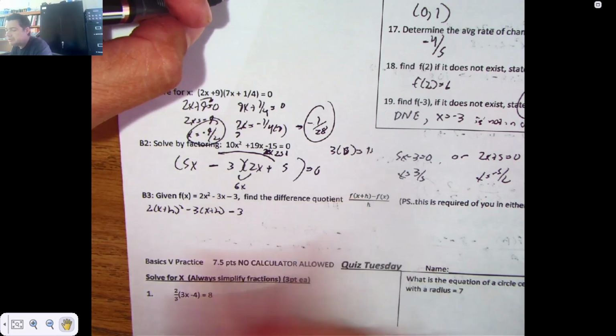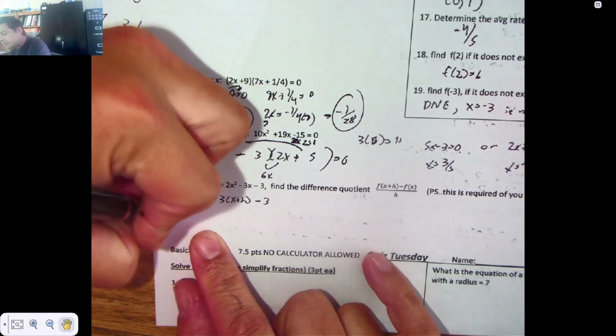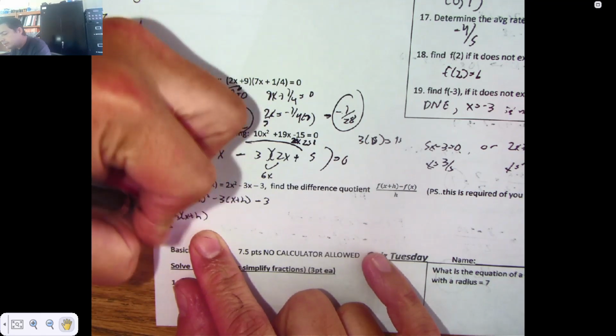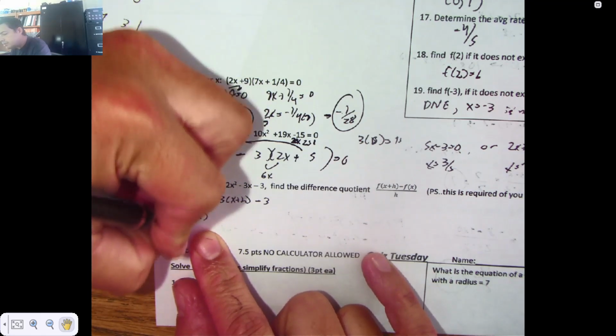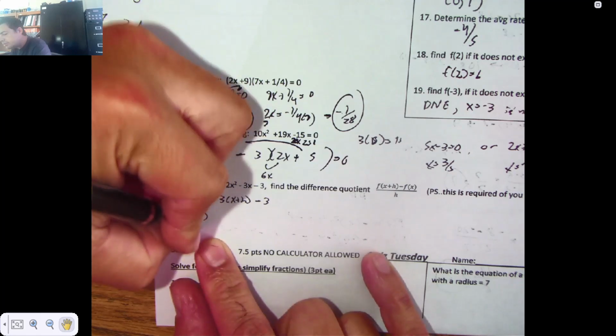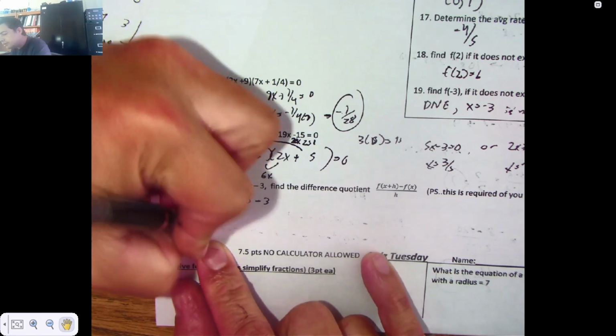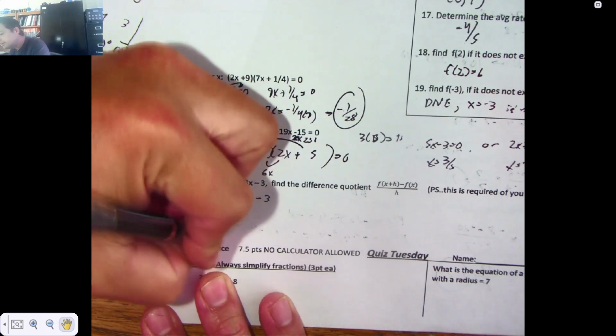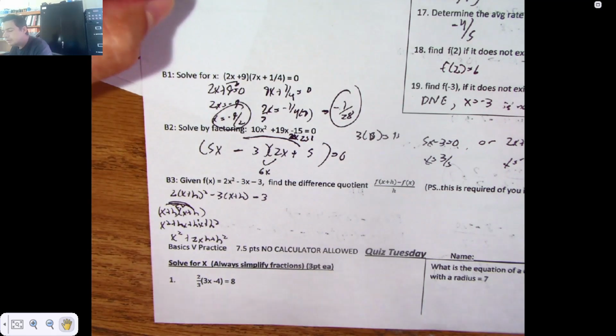I need to figure out what this is. X plus h squared would be to write it twice, and you will have an x squared, you'll have an hx, you'll have another hx, and you'll have an h squared. If you do this about 5 or 6 times, you memorize that the interior is x squared plus 2xh plus h squared, but you have to be willing to do it several times.